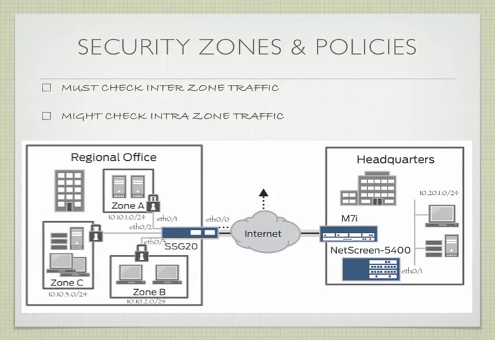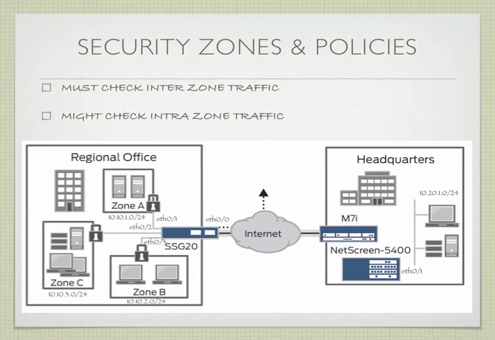So if you have all these computers in the regional office sitting in zone A, and there's a whole bunch of switches there in zone A, and then an uplink port from zone A to Ethernet 01 to the firewall, those computers can communicate with each other via ARP in that subnet on those switches, and that traffic will never be seen by the firewall.